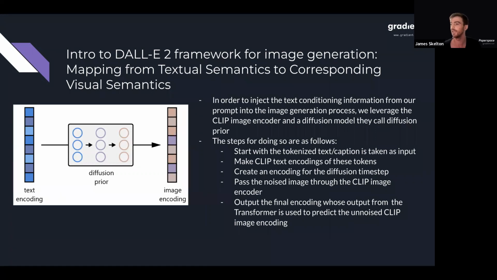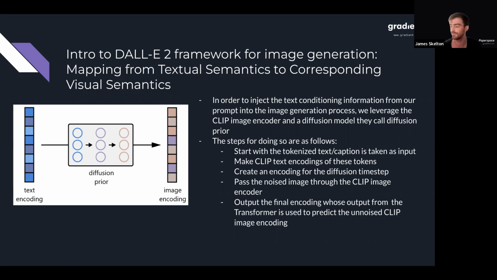And finally, in order to inject that text conditioning information from our prompt into the image generation process, we leverage the CLIP encoder, image encoder and a diffusion model they call the diffusion prior. The steps for doing so are as follows.